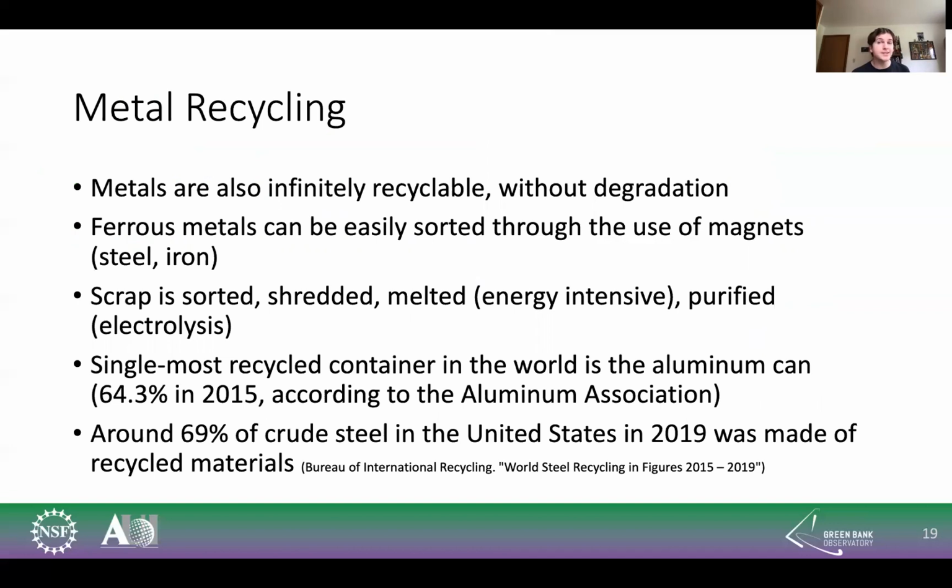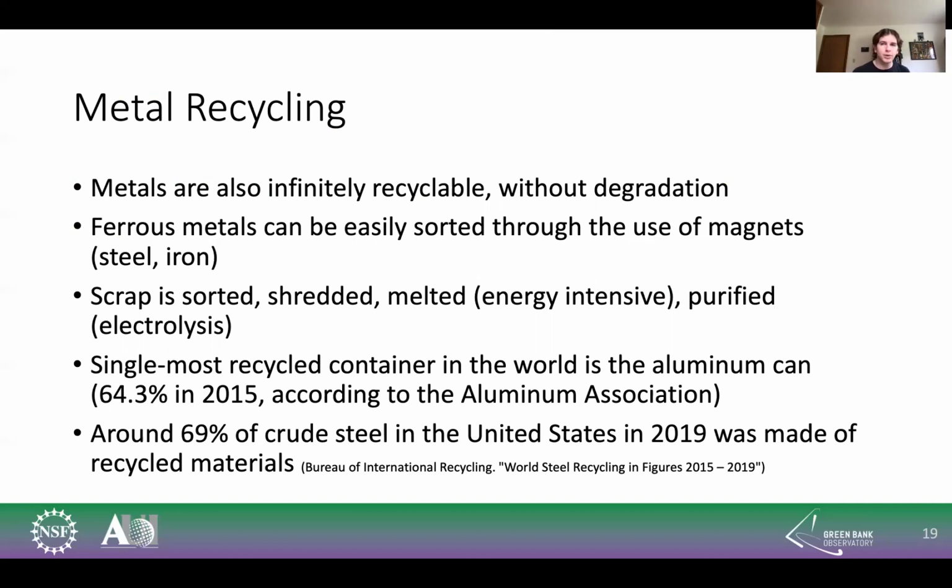Ferrous metals like iron and steel are really easily sorted thanks to their magnetic properties. However, in single stream systems, there are also electromagnetic means of separating out other non-ferrous metals like aluminum.